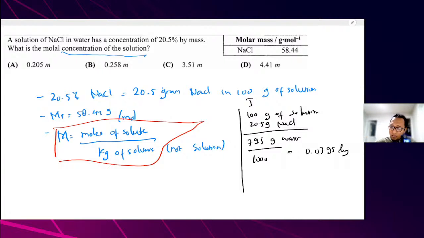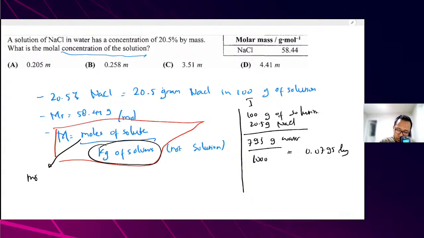Now we already got the solvent, and what's the mole of solute? We need to determine this one.